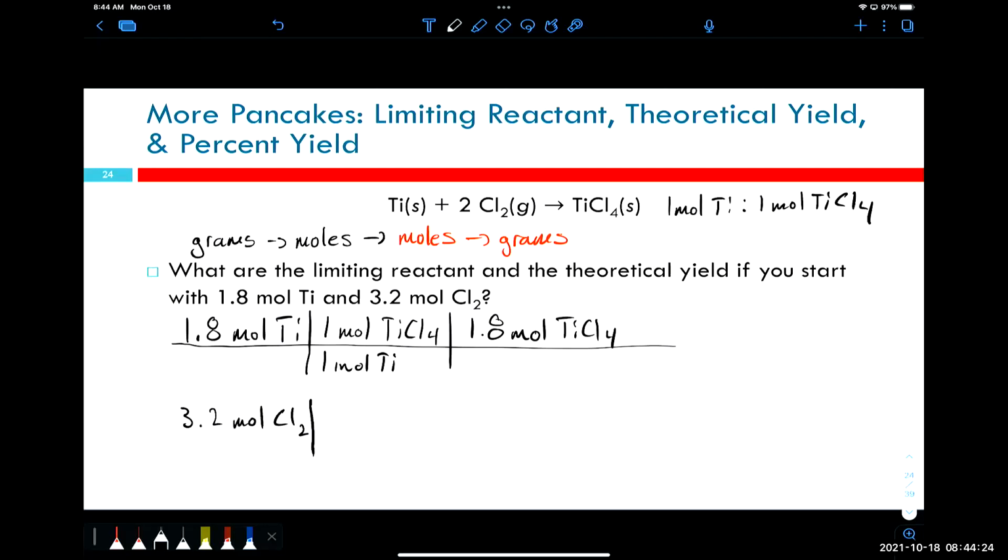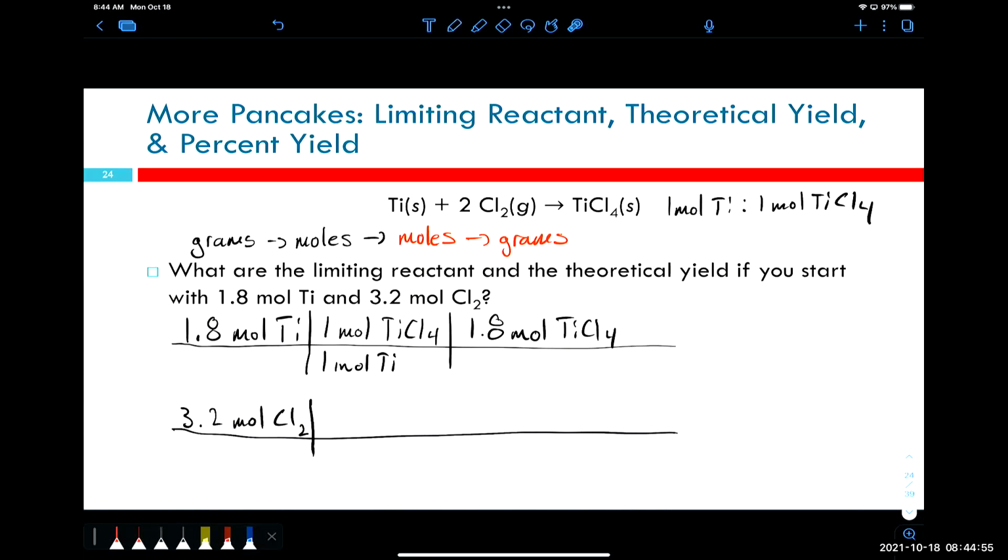These are really easy when it's moles to moles, and they only get a little bit harder when you go from grams to moles, because you have to figure out how to convert grams to moles using the periodic table. But it's just looking up some values, multiplying a few things. The difficult part is remembering every step. It's the quantity of things, not the individual things, that are difficult.